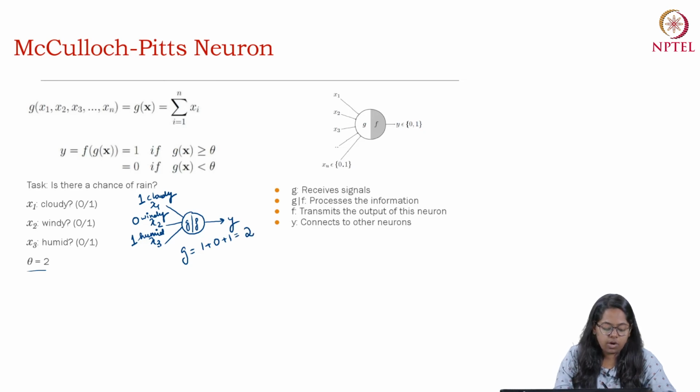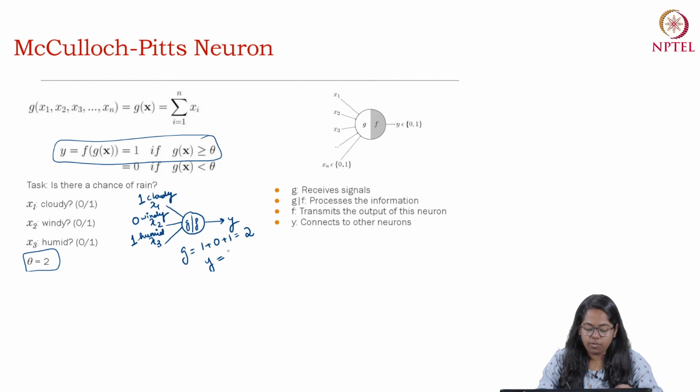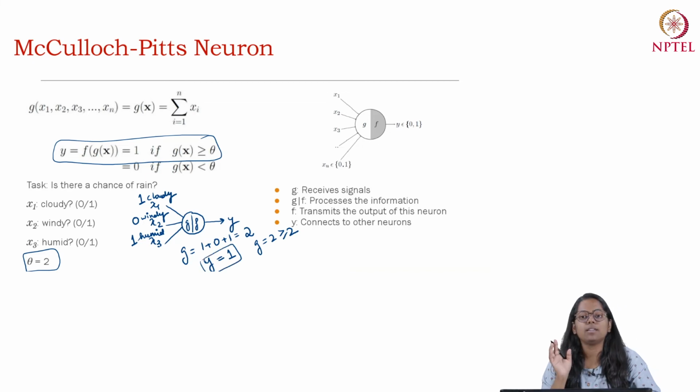According to our theta, that is 2, and based on this formula, y should be 1, as g(x), that is 2, is greater than or equal to 2, right? So that is why y here should be 1, that is, in this particular scenario, we'll say yes, it will rain.